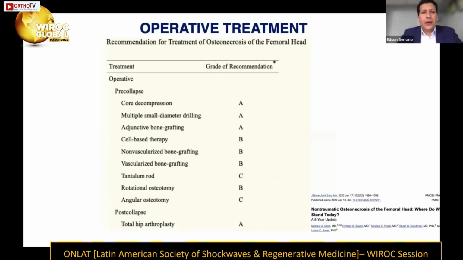Operative treatments are recommended in pre-collapse and post-collapse stage 2. We can summarize: core decompression, multiple small-diameter drilling, cell-based therapy, non-vascularized bone grafting, vascularized bone grafting, osteotomies, and in the post-collapse stage, total hip arthroplasty is recommended with grade of recommendation A.